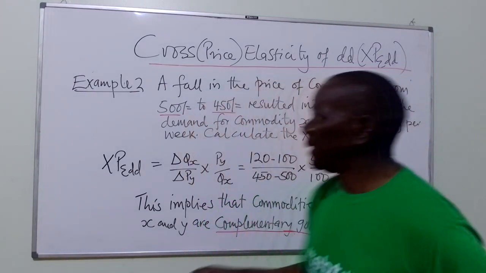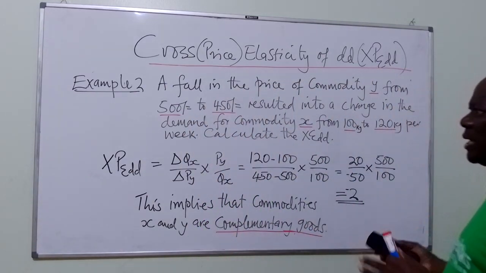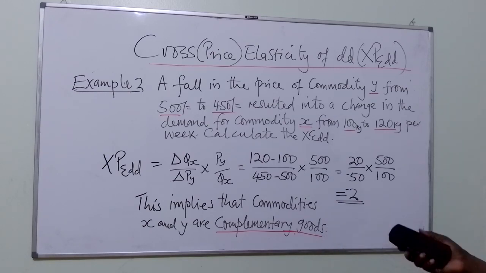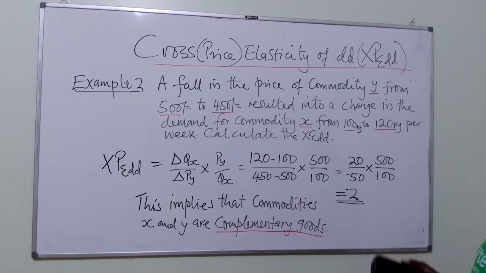And I'm sure it is now very clear, and you can see the difference in the calculations and the conclusions with the price elasticity of demand. When you are calculating the price elasticity of demand, we are looking at it being inelastic, being elastic, perfect inelastic, zero, and so on. Unitary. So that's what we concluded.